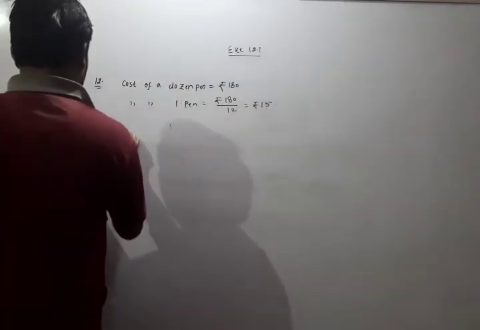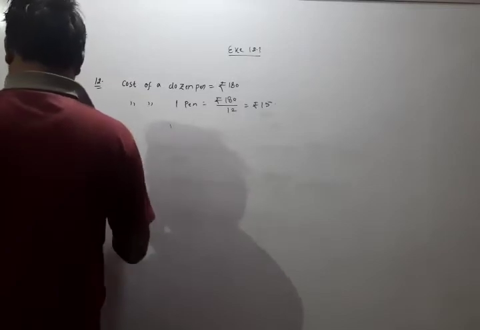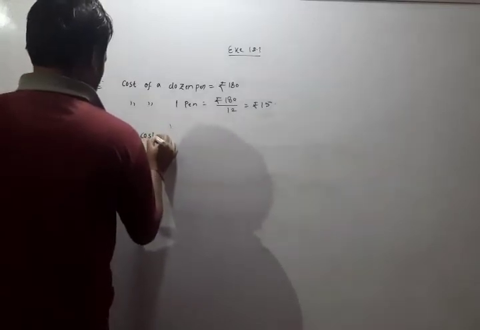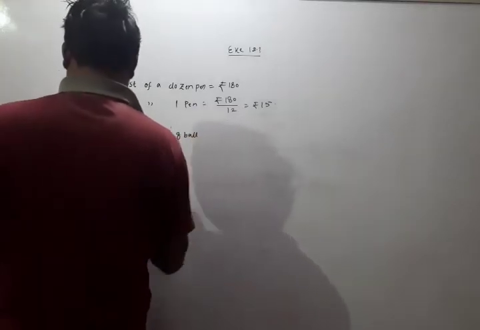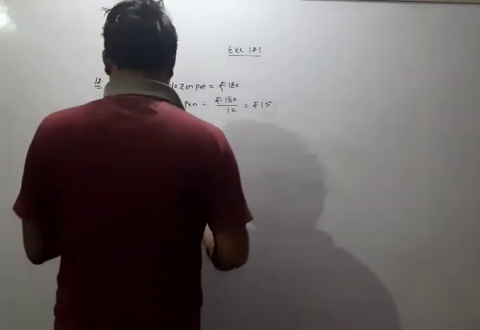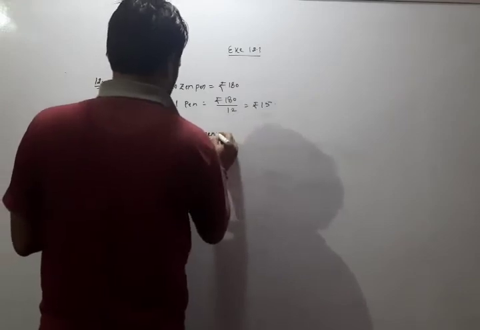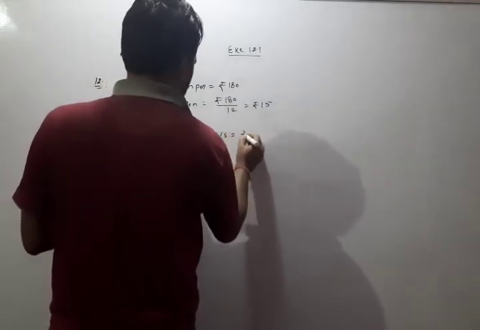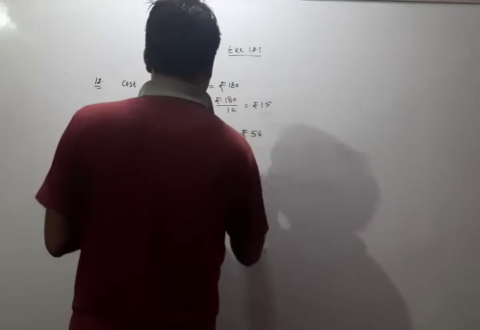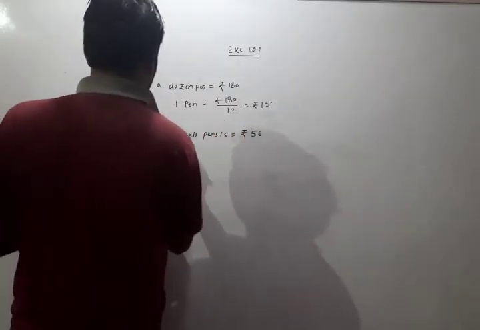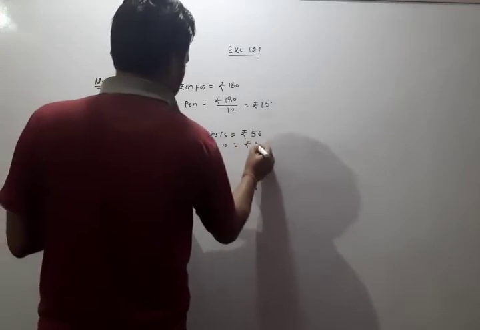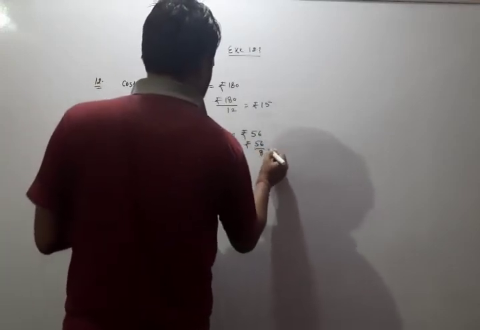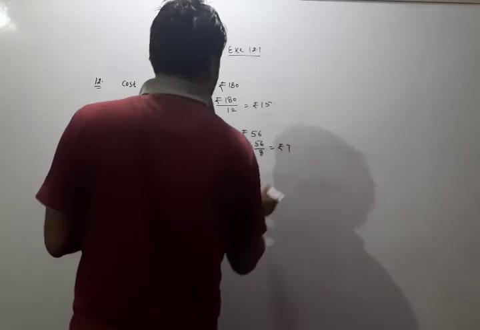And cost of 8 ball pens is rupees 56. Cost of one ball pen will be rupees 56 upon 8, that will be rupees 7.